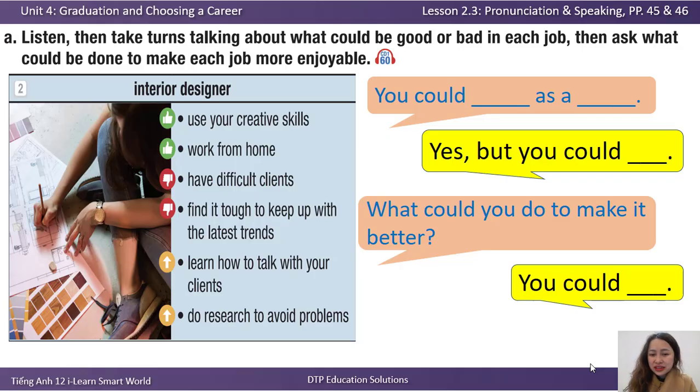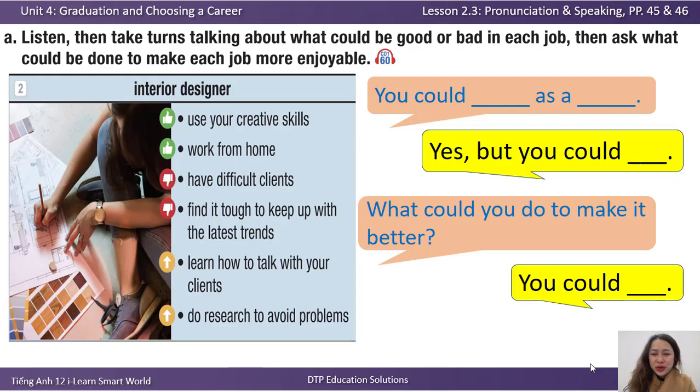Here are some suggestions for improvement. Learn how to talk with your clients. Good communication helps avoid misunderstanding and build better relationships. Do research to avoid problems. As you know, understanding clients' needs and exploring solutions can prevent issues.